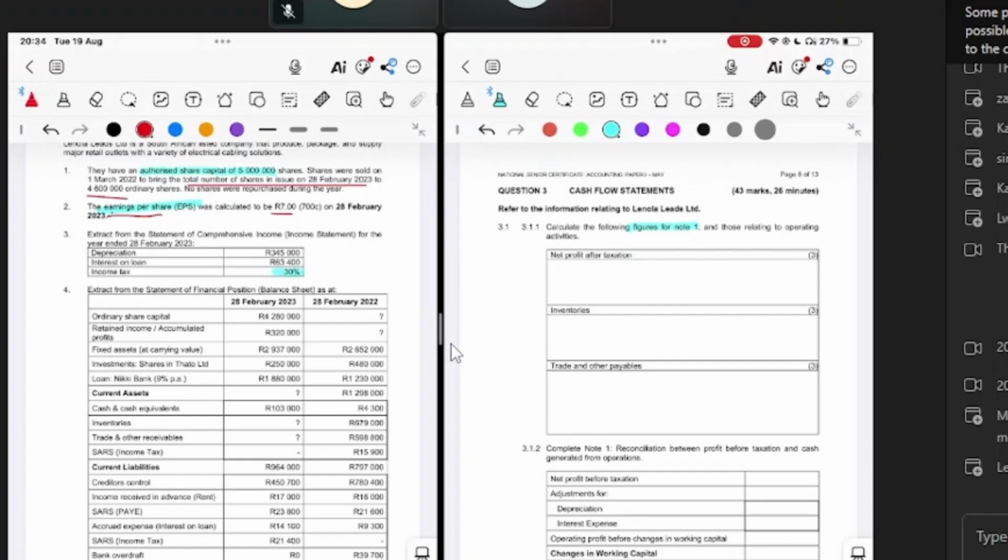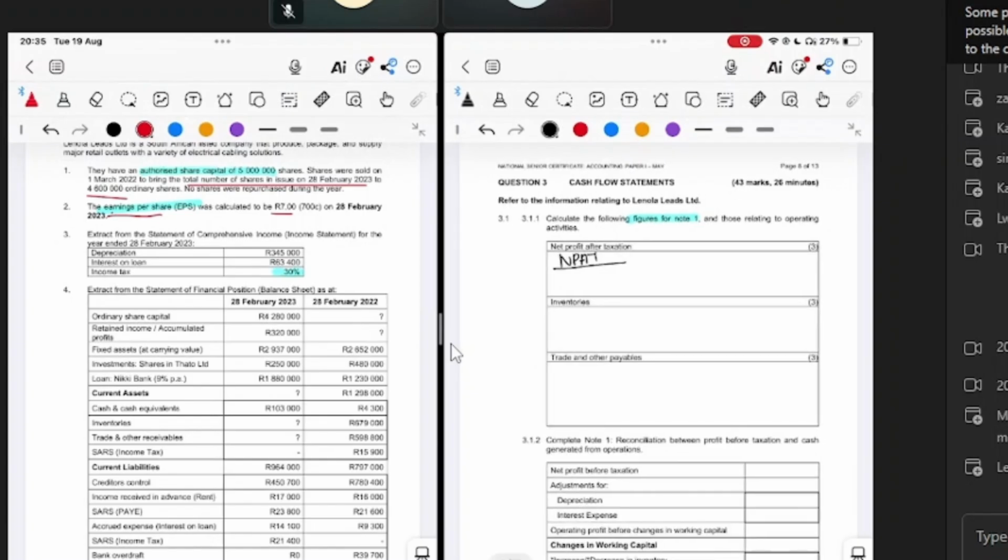Meaning the net profit after tax, which is what we are looking for, divided by 4.6 million shares equals your EPS of 7 Rand.